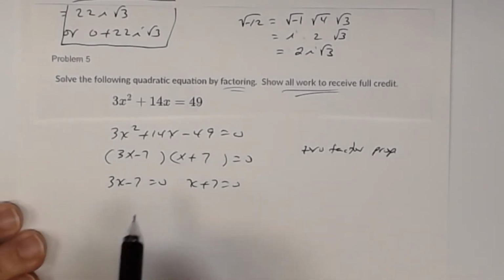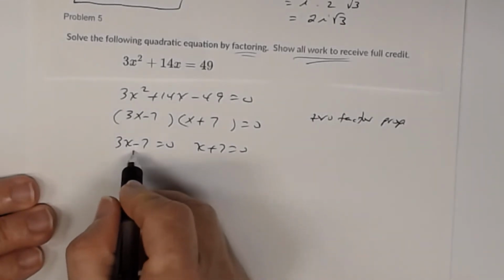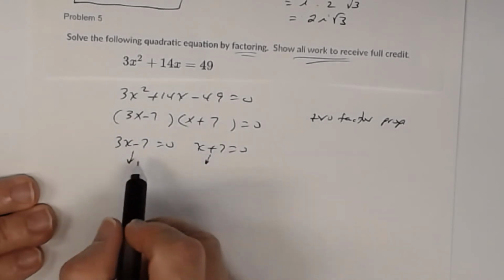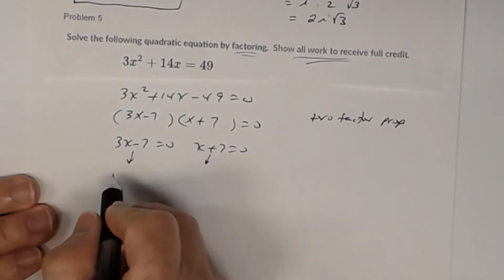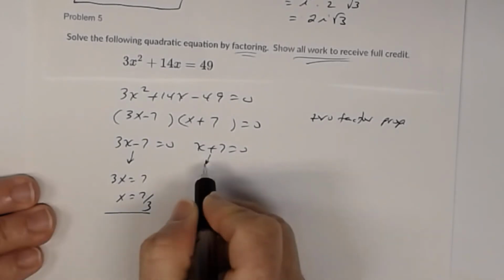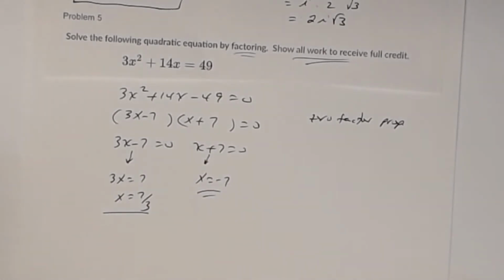You know what's required to get your points. All right, and then you solve each linear equation. Notice I went from a quadratic equation to 2 linear equations, and so therefore we get 3x equals 7, and x is 7/3. Over here I get x to be -7. So those are your 2 solutions, 7/3 and -7. All right, so that's number 5.